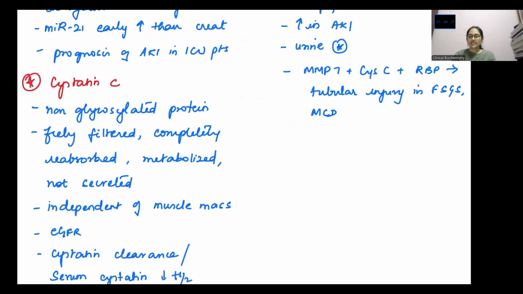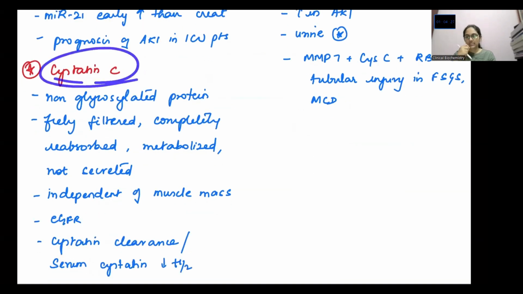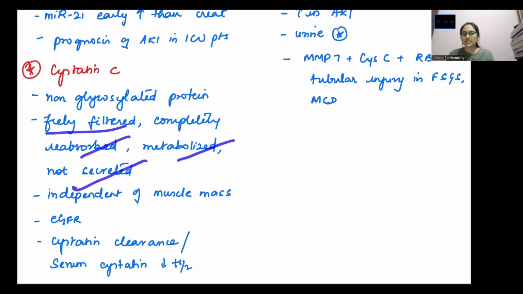Next is cystatin C, which you all know. Cystatin C is being used now. So it is not a newer marker, but it is in use, right? It's a non-glycosylated protein. As you can see, it's freely filtered, completely reabsorbed and metabolized, and it's not secreted. One advantage over creatinine is that it's independent of muscle mass.